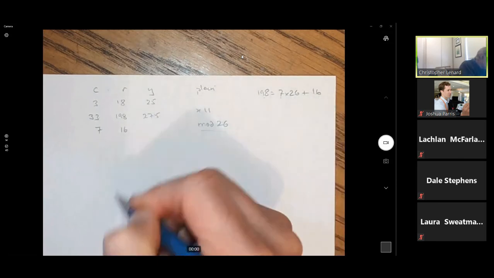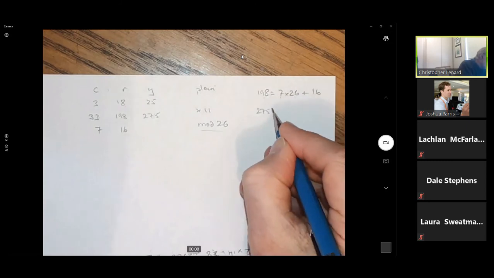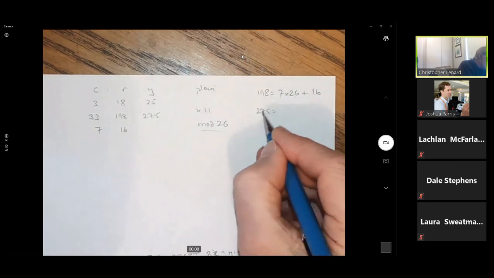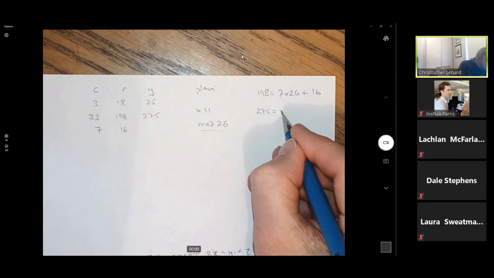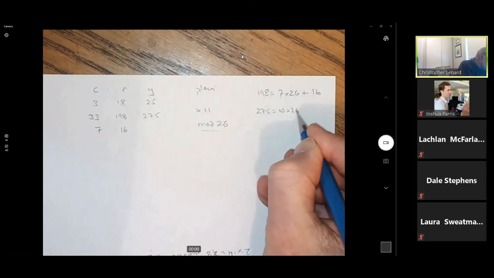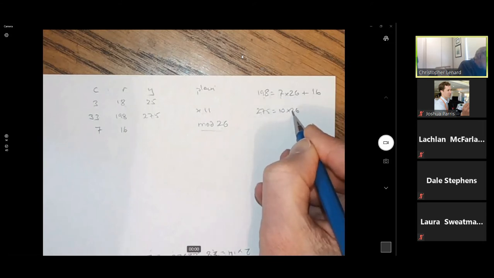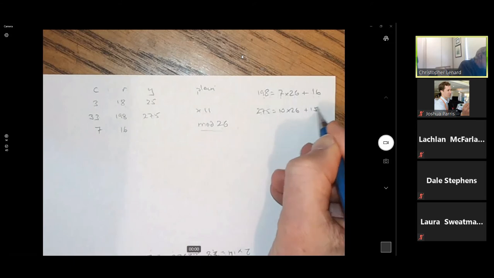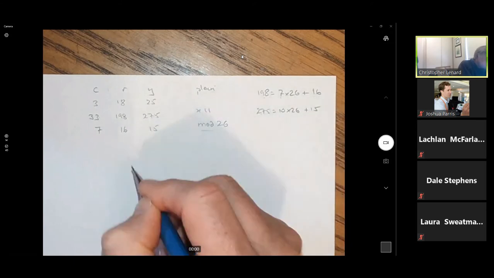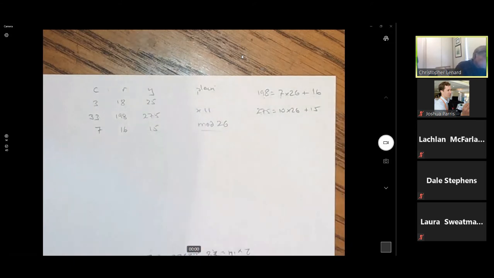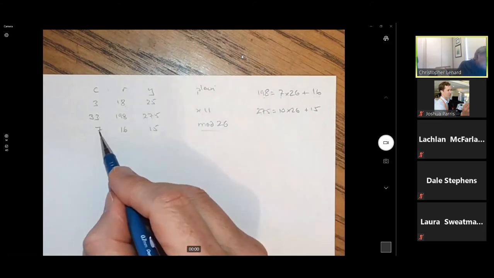So that gives us our mod number. And on the scratch pad over here, how many 26s go into 275? Probably 10. Okay, so that will give you 260 with 15 left over. Okay, what's the 7th letter of the alphabet?